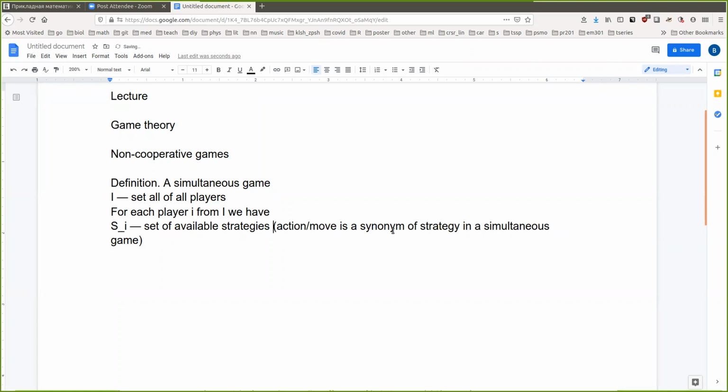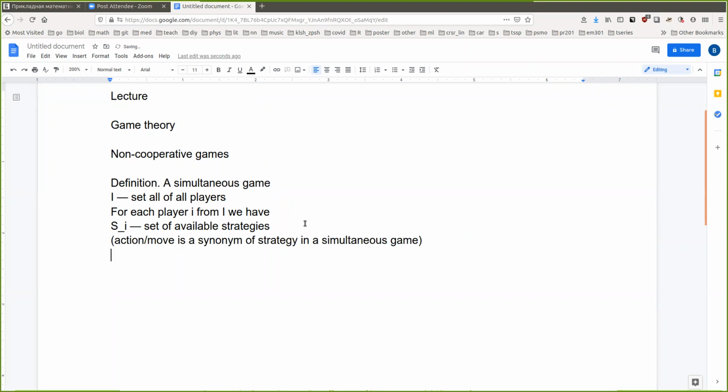Okay, and for every player there is a set of available strategies. When each player makes a choice, they receive payoffs. So we have a payoff function, utility.